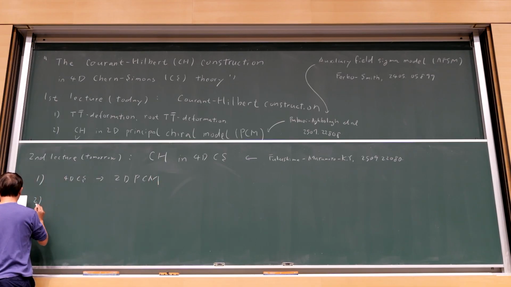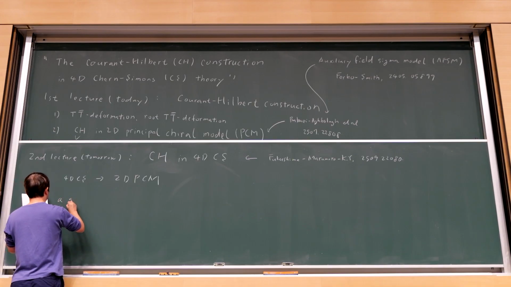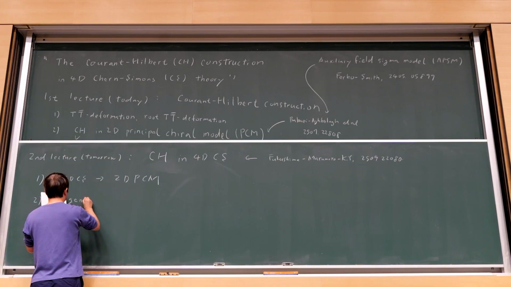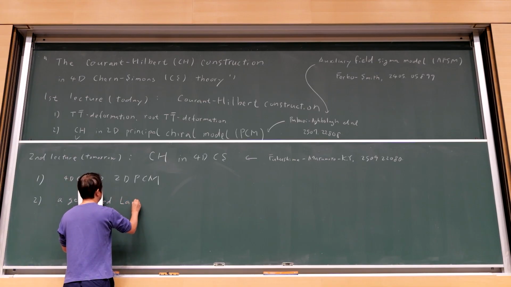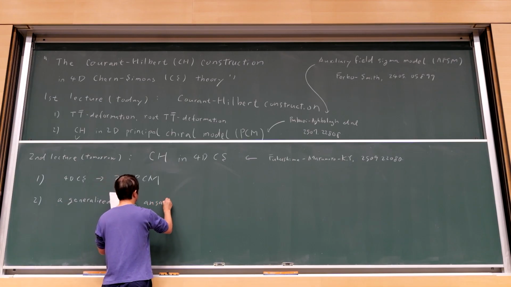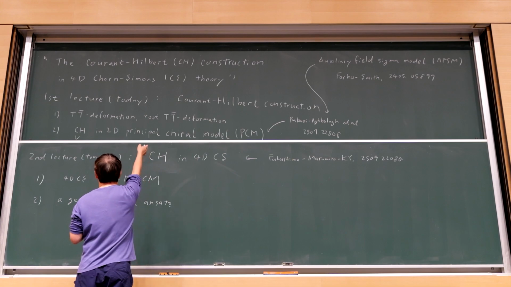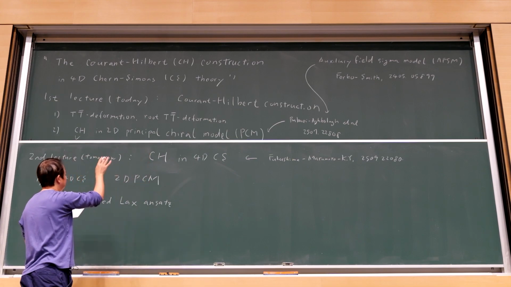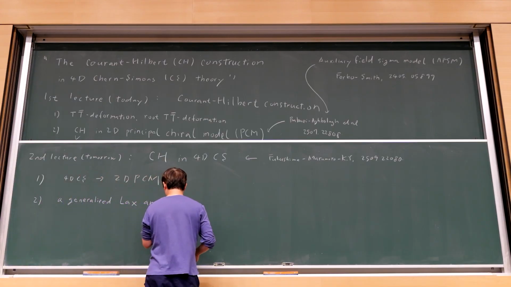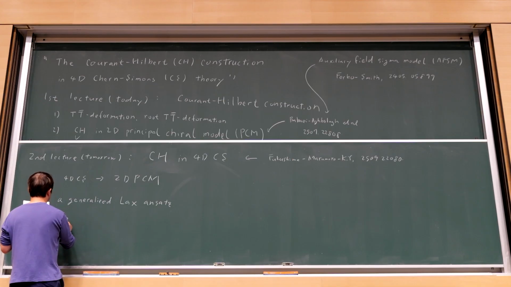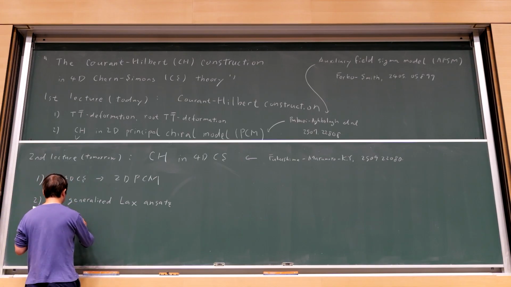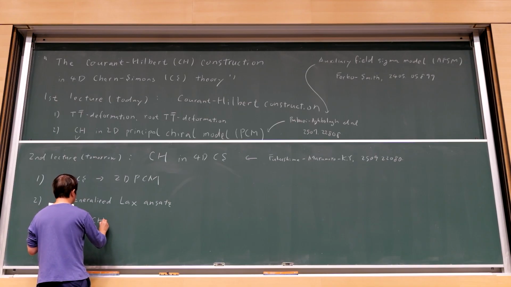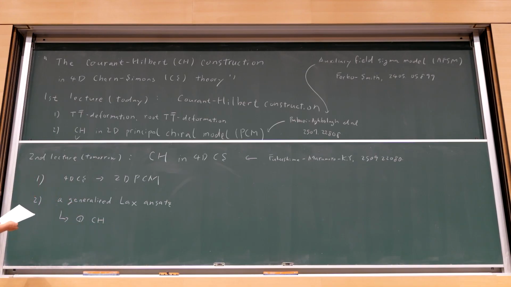Then I would like to introduce a generalized Lax ansatz, by following the knowledge of Courant-Hilbert constructions in the two-dimensional principal chiral model. According to this generalization of the Lax ansatz, we can discuss the Courant-Hilbert constructions in the context of four-dimensional Chern-Simons theories.